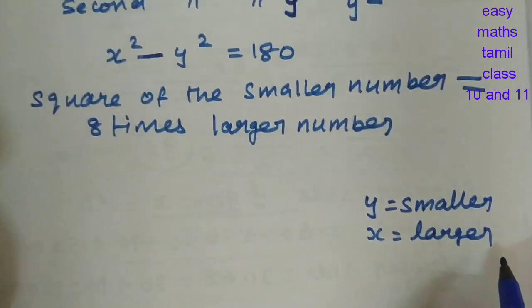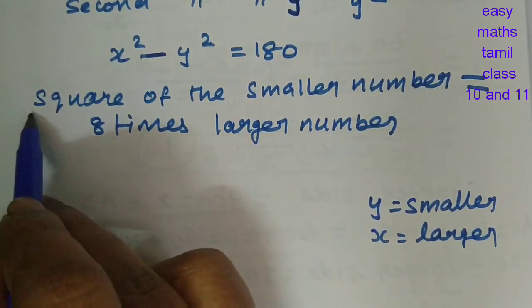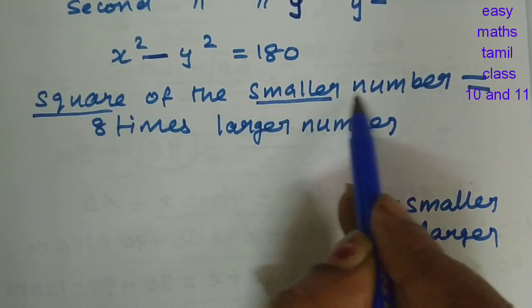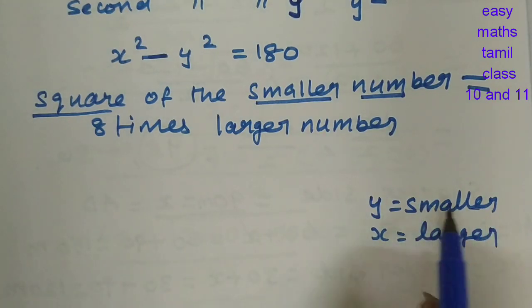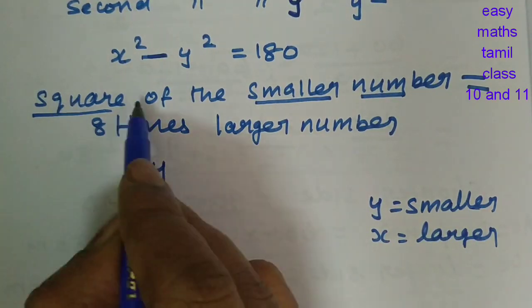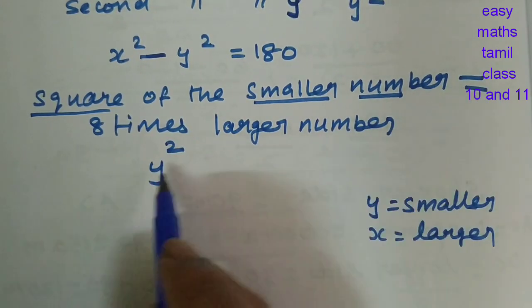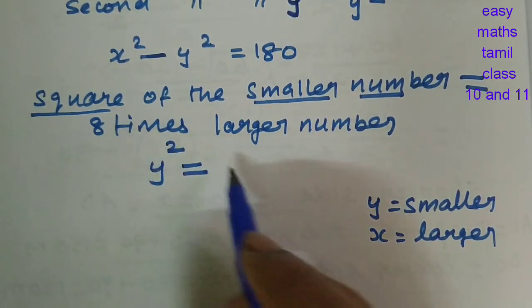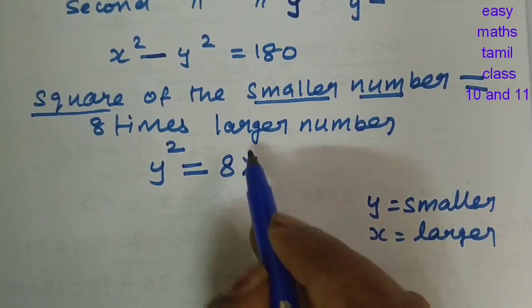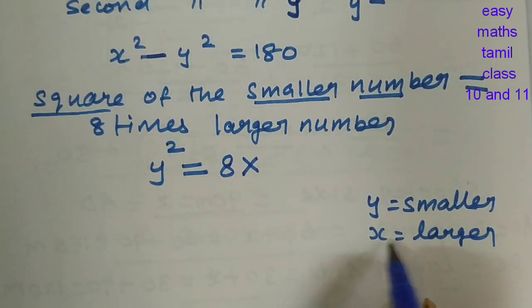Now we have to substitute these values. Square of the smaller number, now smaller number is y, square of the smaller number is equal to 8 times the larger number, larger number is x.